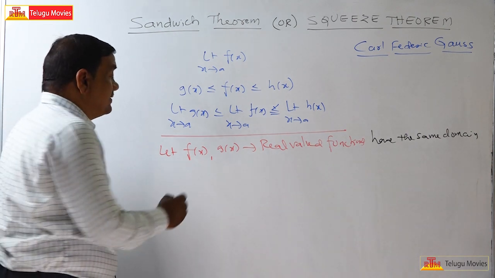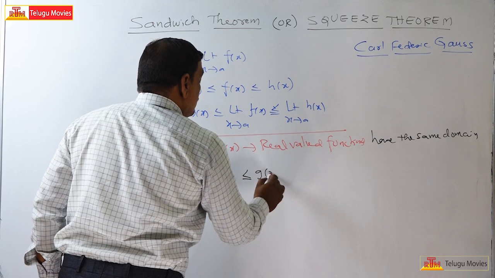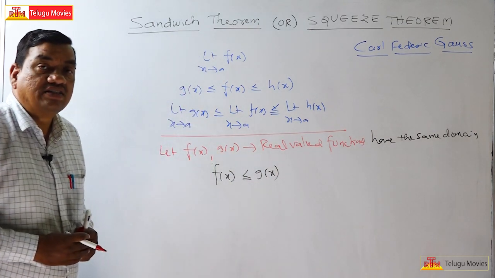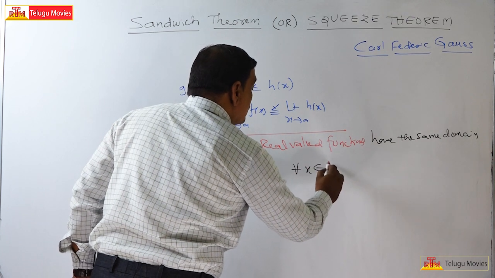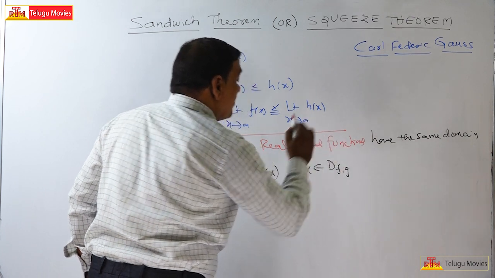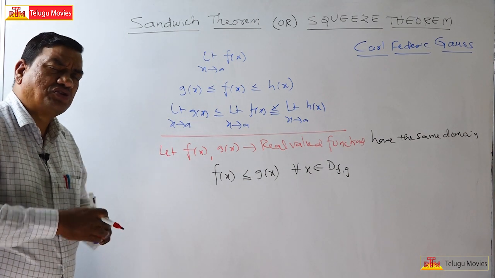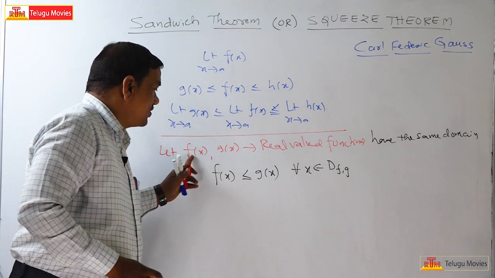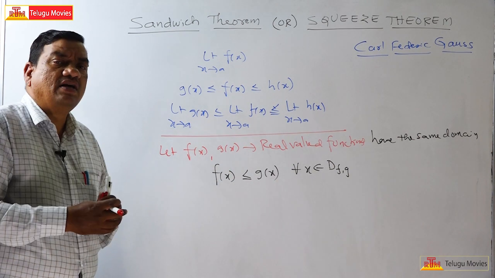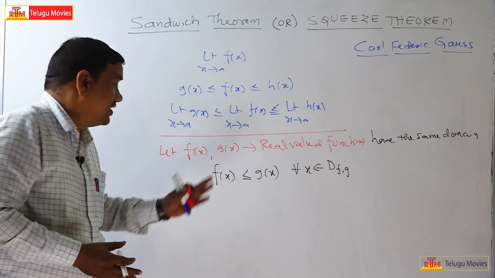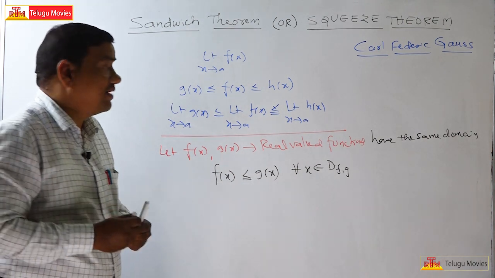And if f of x is less than or equal to g of x for all x belonging to the domain of the functions f and g. So both domains are the same. Whatever number you substitute here, always f of x is less than or equal to g of x.